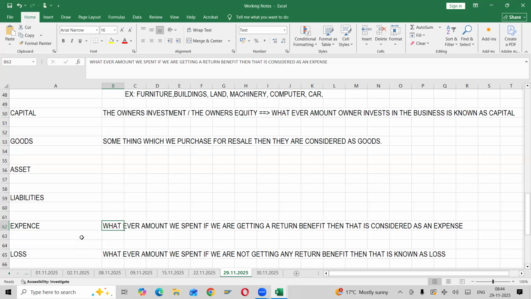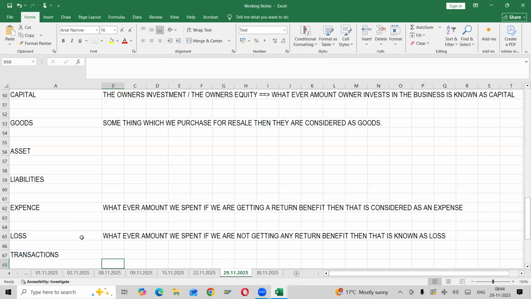By manufacturing or purchasing, you're spending some amount, and you're selling it and getting some profit. You're getting a return benefit, yes. Then that is considered as an expense. Purchase of goods is nothing but an expense. Okay, any other questions? Expenses and loss.